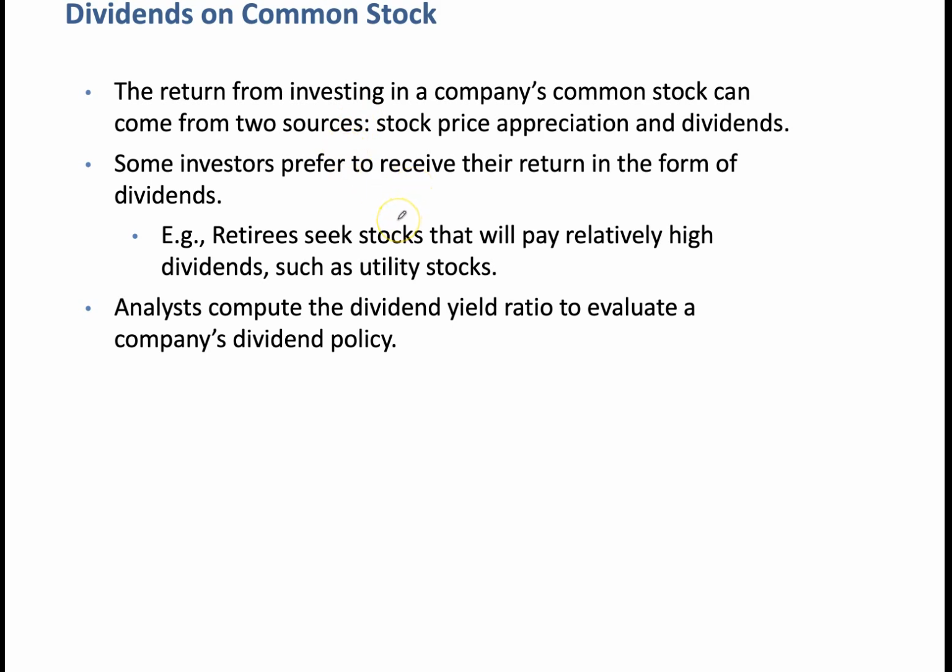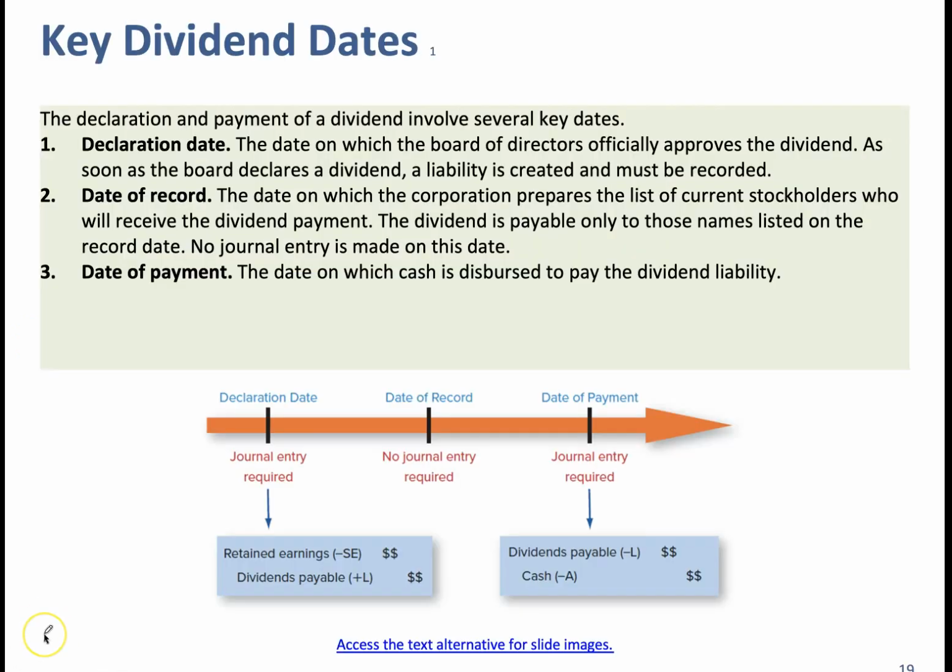For example, retirees seek stocks that will pay relatively high dividends because they have a relatively shorter horizon to receive the returns. Some other people would rather receive stocks with lower dividends because they want the company to keep the dividends in the company and reinvest them into productions that have higher return.